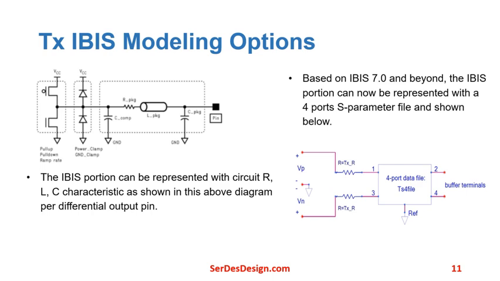However, for IBIS spec 7.0 and beyond, the IBIS portion can be modeled using 4-port S parameters. This approach is a full fidelity approach that will accurately represent the transmit circuit output impedance facing the differential channel. My experience has shown that most transmit SerDes designers cannot easily separate out the S4P data for the output buffer and the transmit circuit.